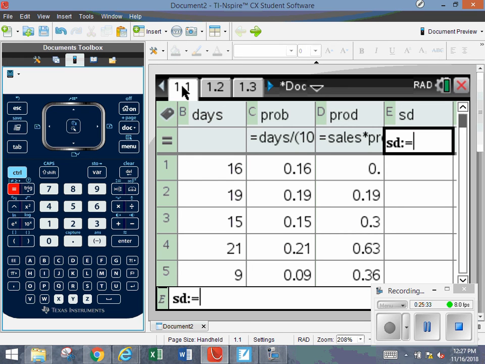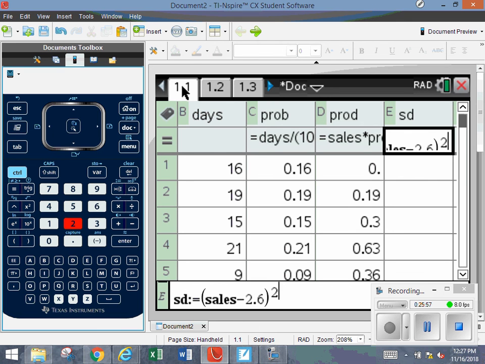In this case, X was sales, right? So in parentheses, we're going to put sales minus our mean, which we determined was 2.6 in the last exercise. Okay, we're going to close our parentheses. We're going to square it. And then we're going to multiply it times prob, right?